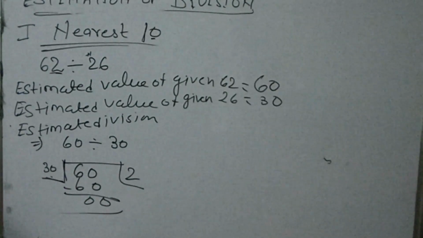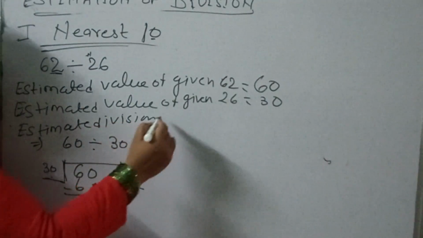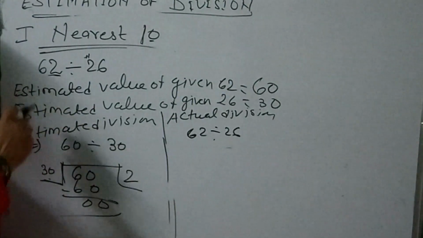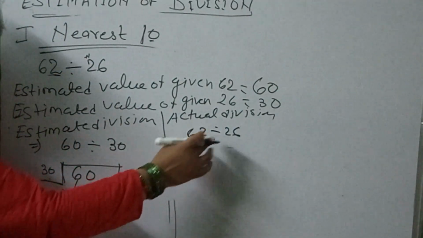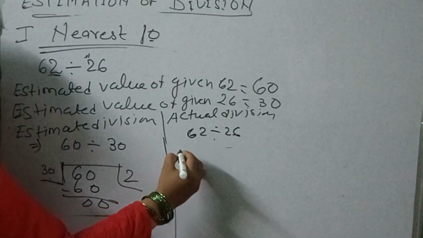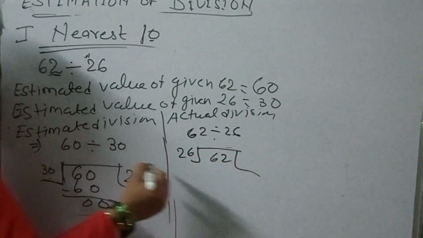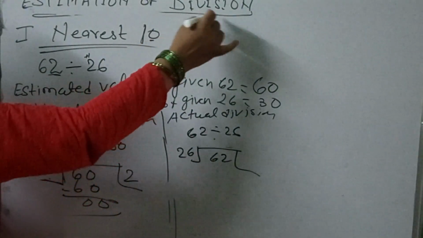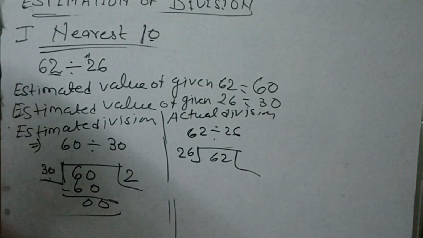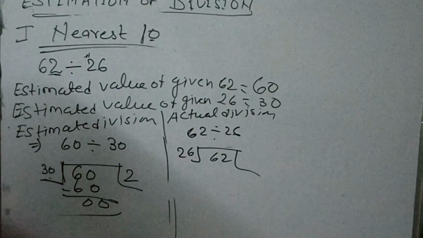Afterwards, you have to find the actual division. Actual division of the given numbers, 62 divided by 26. So we write here 62 divided by 26. Then write 26 and read the table of 26. If you don't know the table of 26, simply on rough paper multiply with 1, 2, 3 like that and see how many times it will be 62.